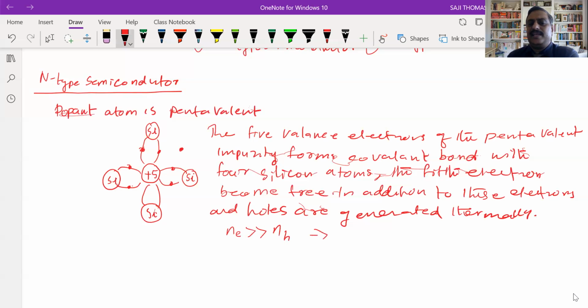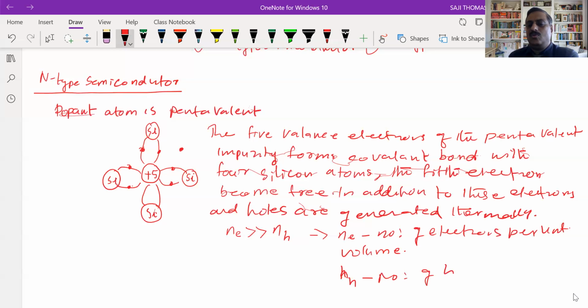Ne is the number of electrons per unit volume, NH is the number of holes per unit volume.